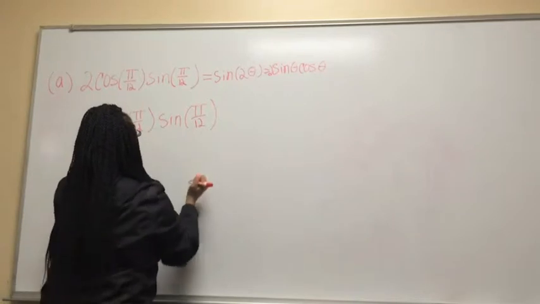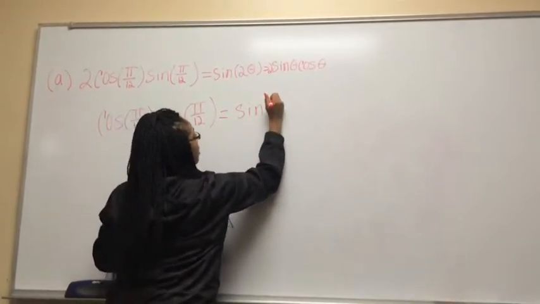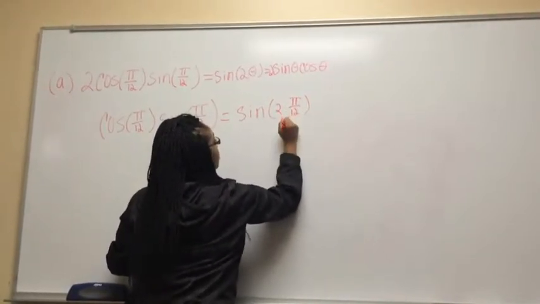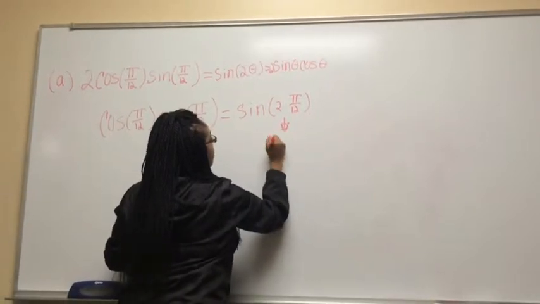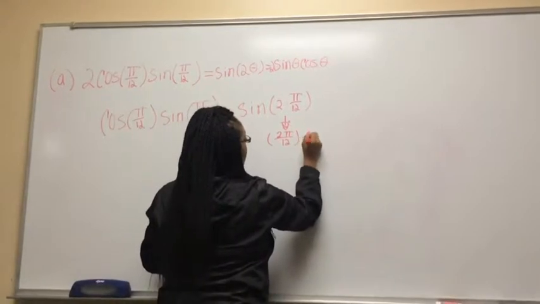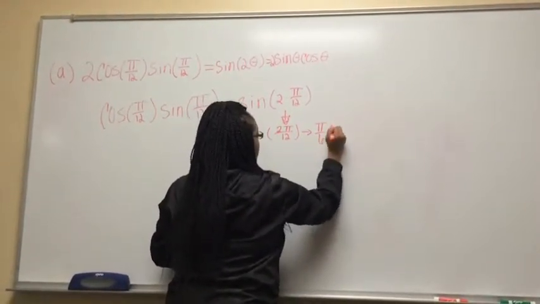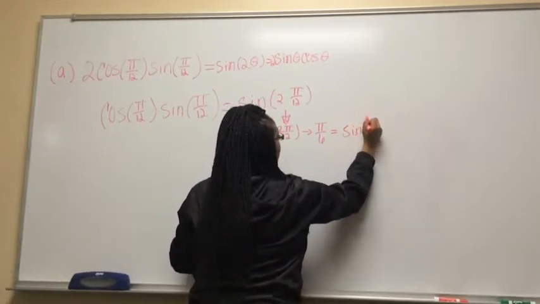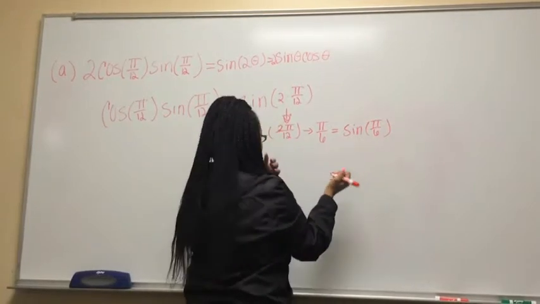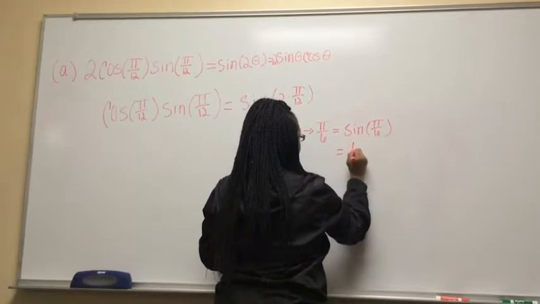It has the same theta, so then I said sine 2 times pi over 12, which gives you 2 pi over 12, broken down into pi over 6. That is equal to sine pi over 6. And when you look on your unit circle, sine is y, so it gives you 1/2.